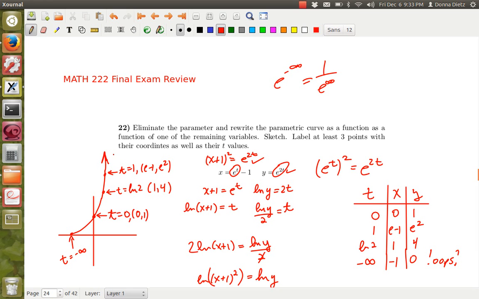Because you limit down to this point. You can never ever reach that point, but that's where you're limiting to. So it's not really true to say t equals negative infinity, but what we mean is limit as t goes to minus infinity of the points on the curve is equal to minus 1, 0. That's what we really mean. But for shortcut, I just say t equals minus infinity, and I hope you know what I mean.